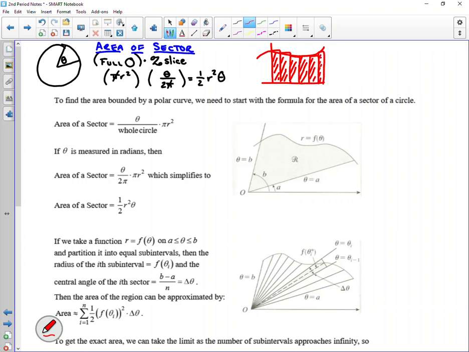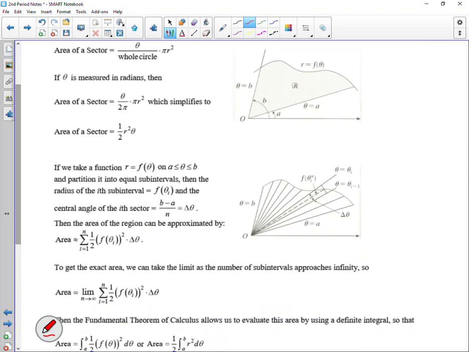And then it was f of x, the height of the rectangle, times the width of each rectangle, your dx, right? And then we wanted the dx to go to infinity. We wanted an infinite amount of them. And then we added them all up together and it ended up being the integral, right? Okay, we do the same exact thing for sectors.